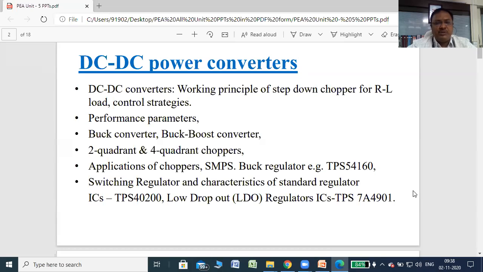Application of choppers, SMPS, buck regulator using TPS54160, then switching regulator, that is SMPS, and characteristics of standard regulator. Then IC TPS40200, low dropout LDO regulators, IC TPS784901.